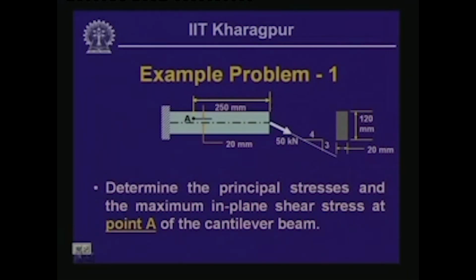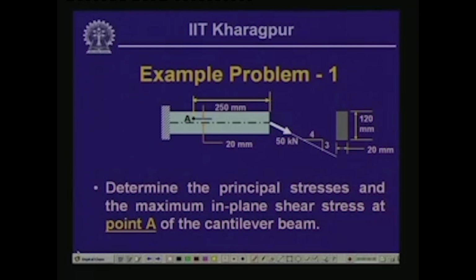Well, let us look into the examples. This is the example which I had given to you last time, wherein there is a cantilever beam subjected to an axial pull or an axial load inclined at an angle of, let us say, theta. The magnitude of this load is 50 kilonewton, acting at an inclination of theta with respect to the axis of the beam.